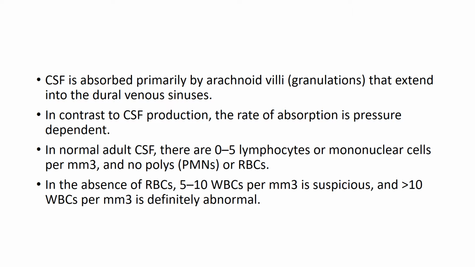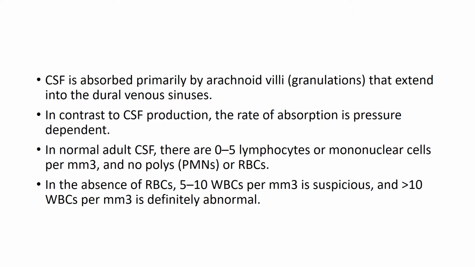Now, where is the CSF absorbed? CSF is absorbed mainly in the arachnoid villi, which are also called the granulations. These extend into the dural venous sinuses, mainly the superior sagittal sinus.